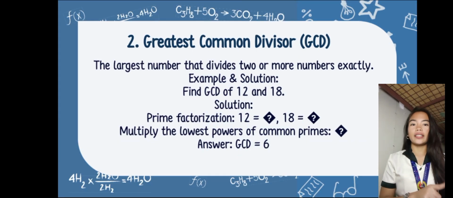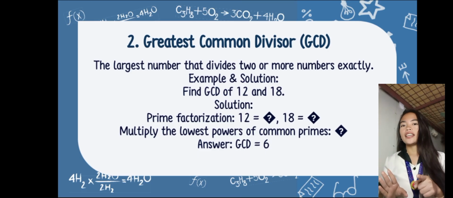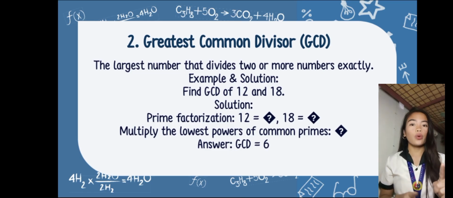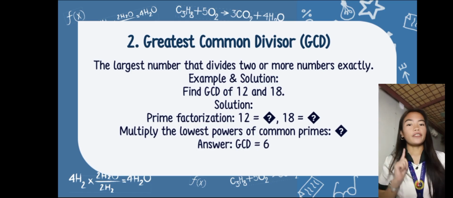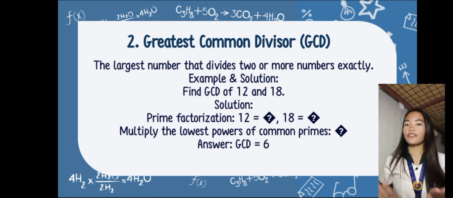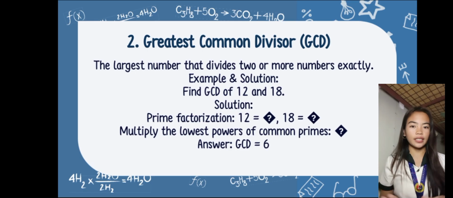Next is the greatest common divisor or GCD. The GCD is the largest number that divides two or more numbers exactly without leaving a remainder. To find the GCD of 12 and 18, we first get their prime factorization.